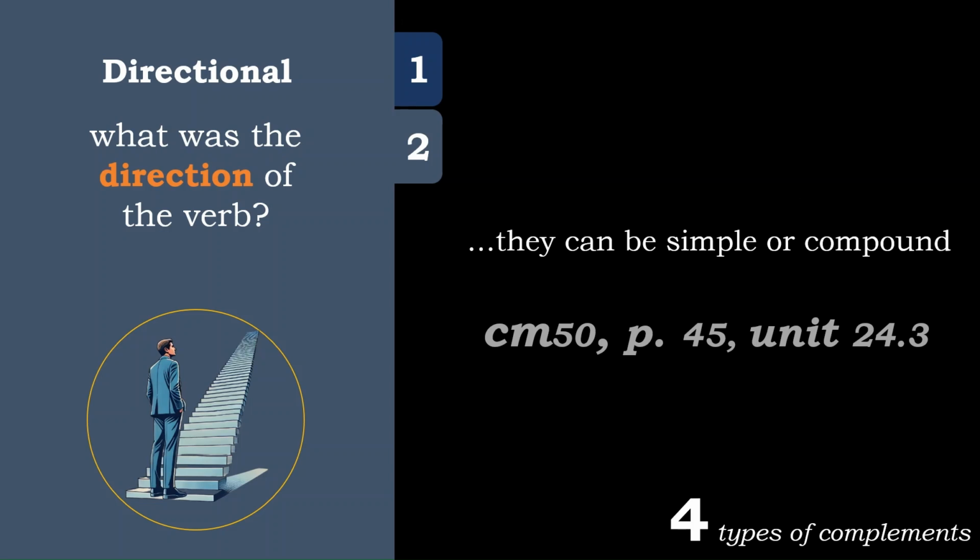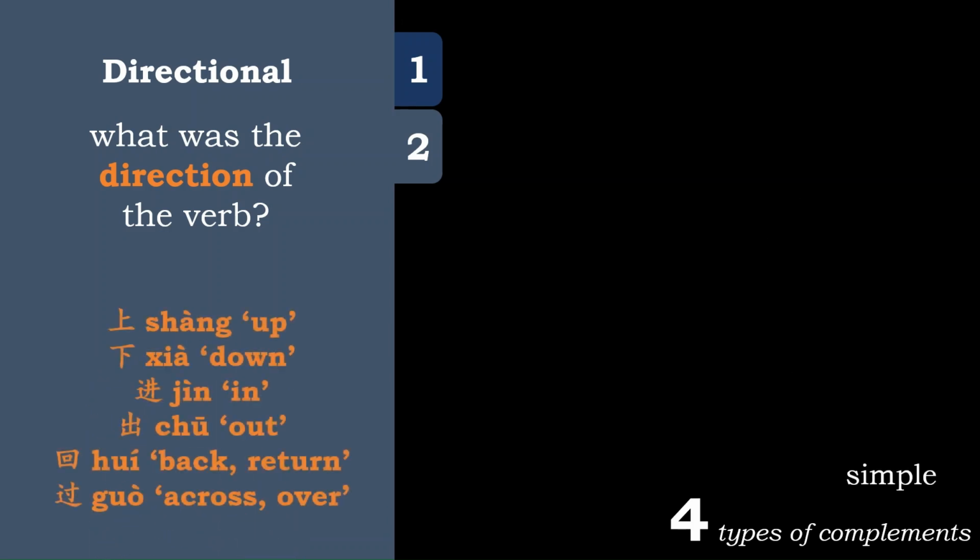Let's take a look at simple directional complements first. So here on the left is a list of common directional complements. 上 up, 下 down, 进 in, 出 out, 回 back or return, 过 across or over.